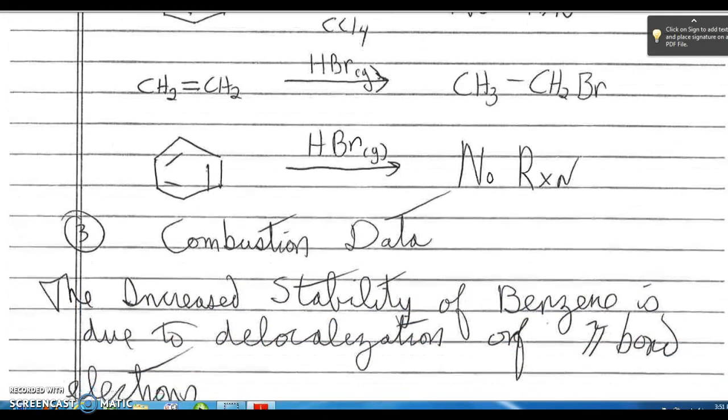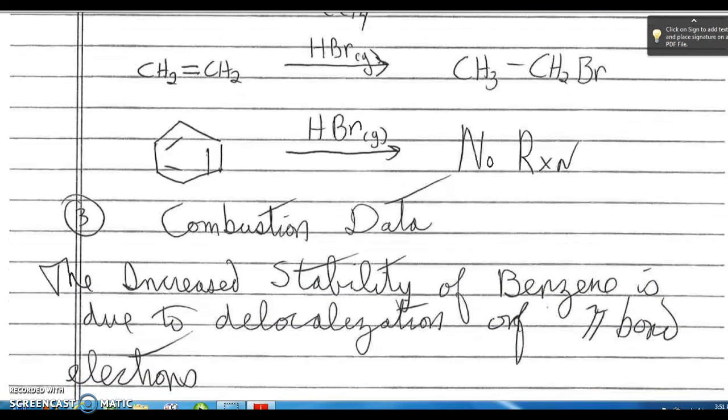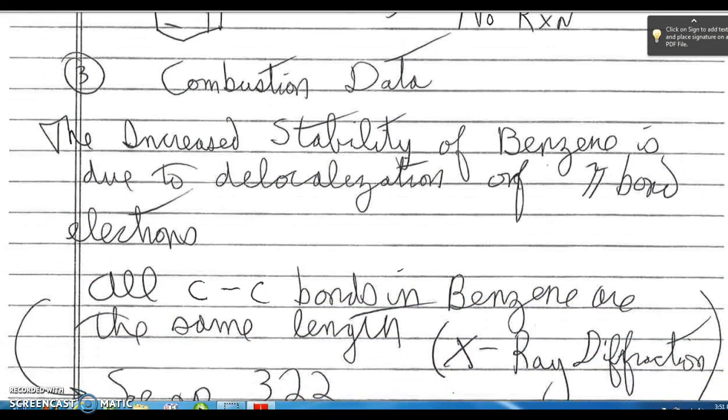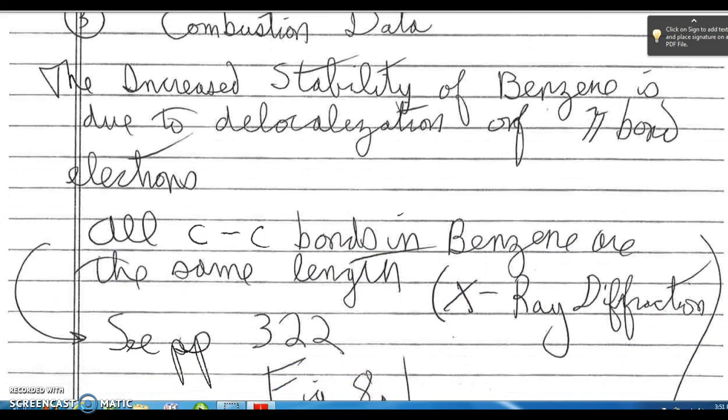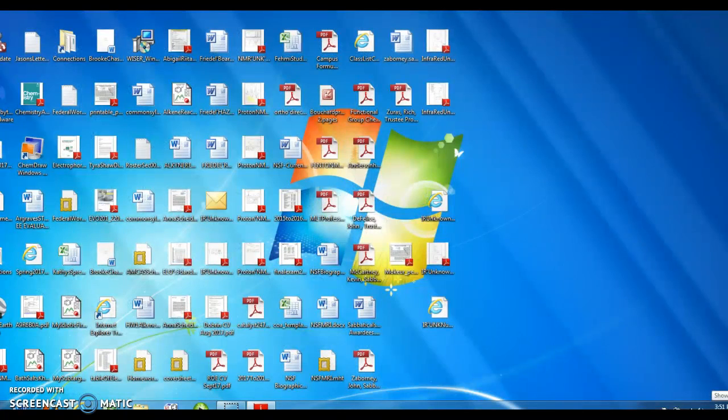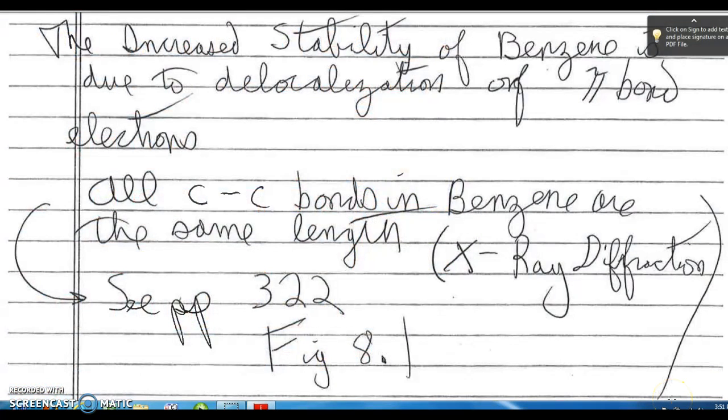The increased stability of benzene is due to the delocalization of the pi bond electrons. The one thing that indicates that delocalization is that all carbon-carbon bonds in benzene are the same length. We know that by X-ray diffraction.